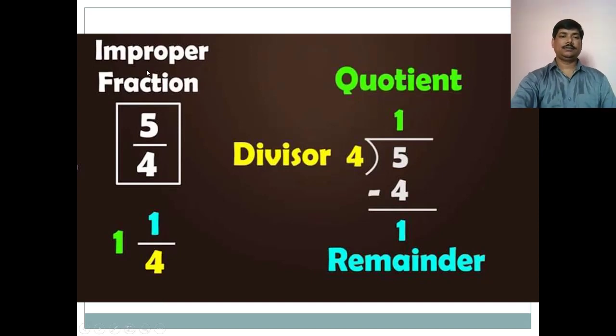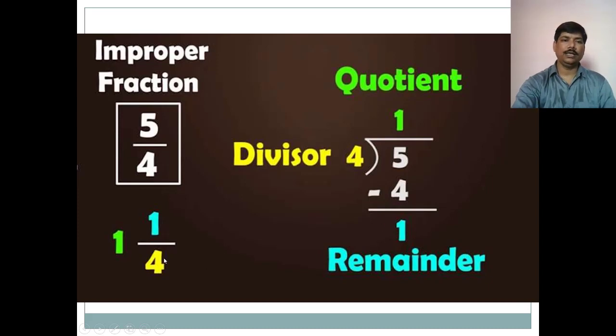How does an improper fraction become mixed? How is 5 divided by 4? So 5 divided by 4 means the divisor is 4 and the dividend is 5. When we divide by the division algorithm, the quotient will be 1 and the remainder will be 1. So this represents one whole part, the remaining 1, total parts 4.